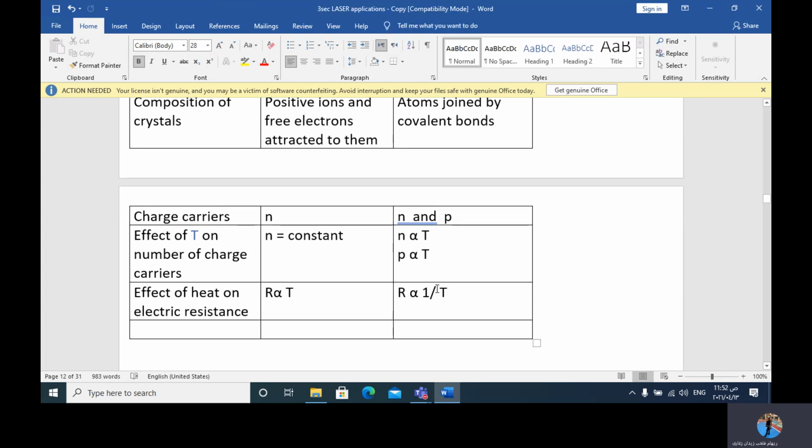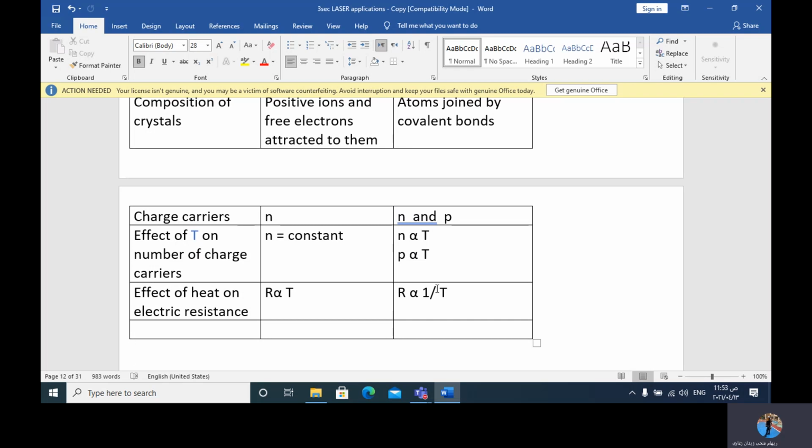How about the effect of heat on electric resistance? We took electric resistance in chapter 1 when we studied Ohm's law. We know that the resistance depends on temperature.